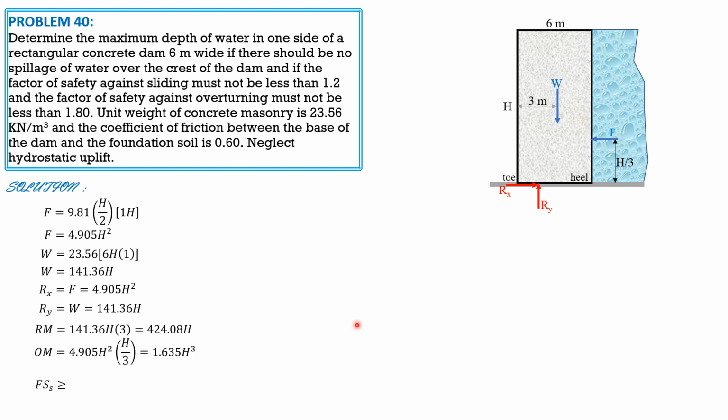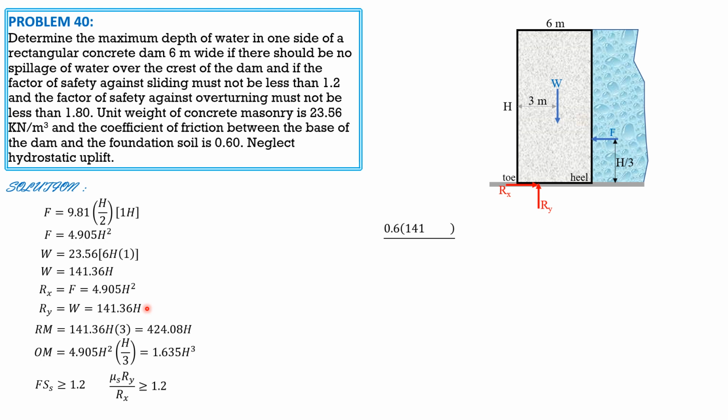So factor of safety against sliding must be greater than 1.2. Factor of safety against sliding is coefficient of friction 0.6 times Ry, 141.36 h, divided by Rx, 4.905 h squared. So must be greater than 1.2.